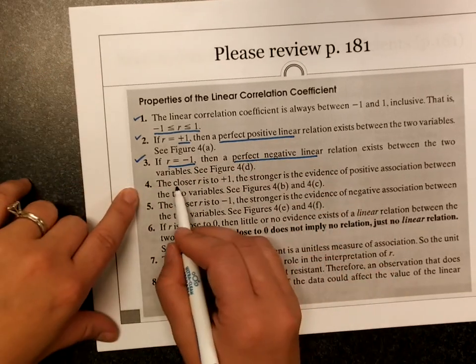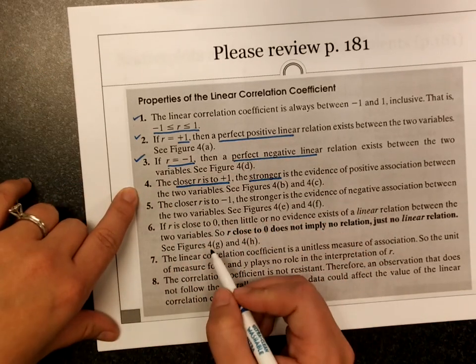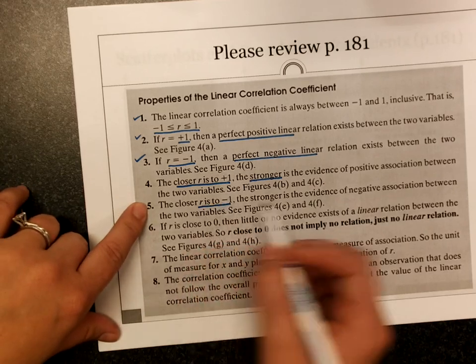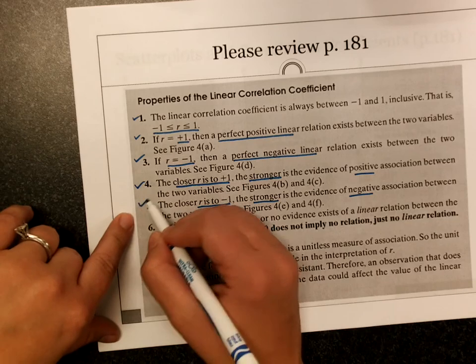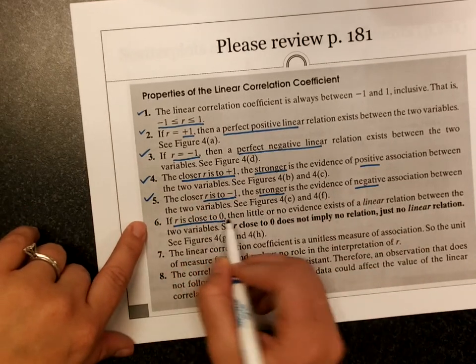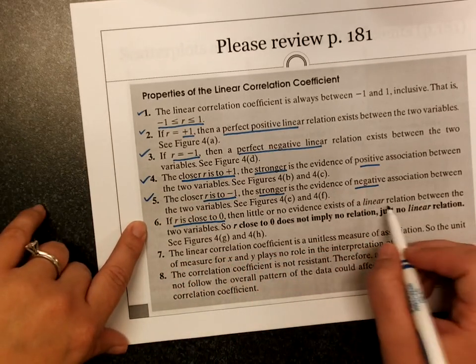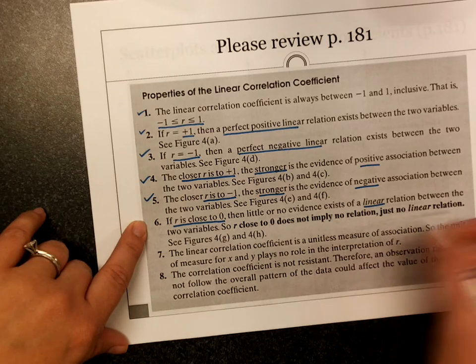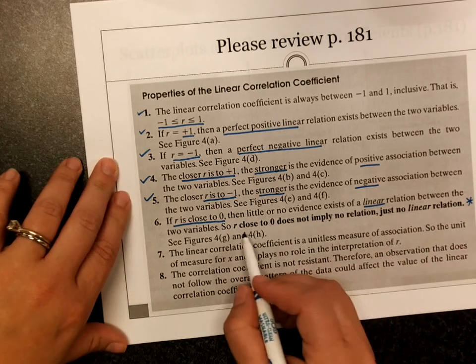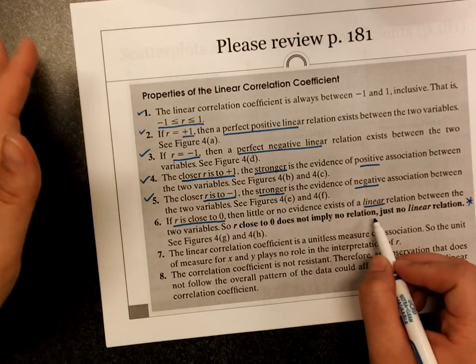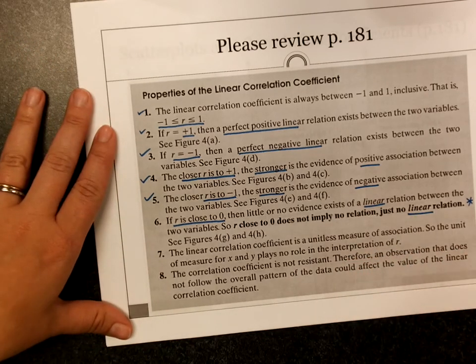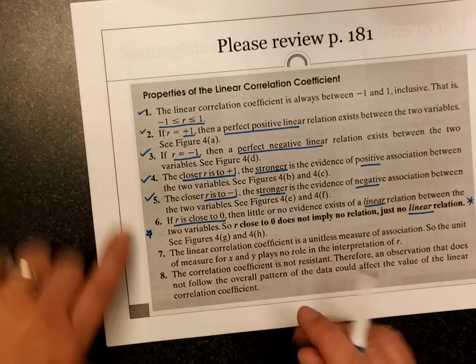The closer R is to positive 1, the stronger the relationship is. The closer it is to negative 1, the stronger the negative relationship. If R is close to 0, then little or no evidence exists of a linear relationship. Do note that just because R is close to 0 does not imply that there's no relationship at all. It just means that there's not a linear relationship. So just be careful there.